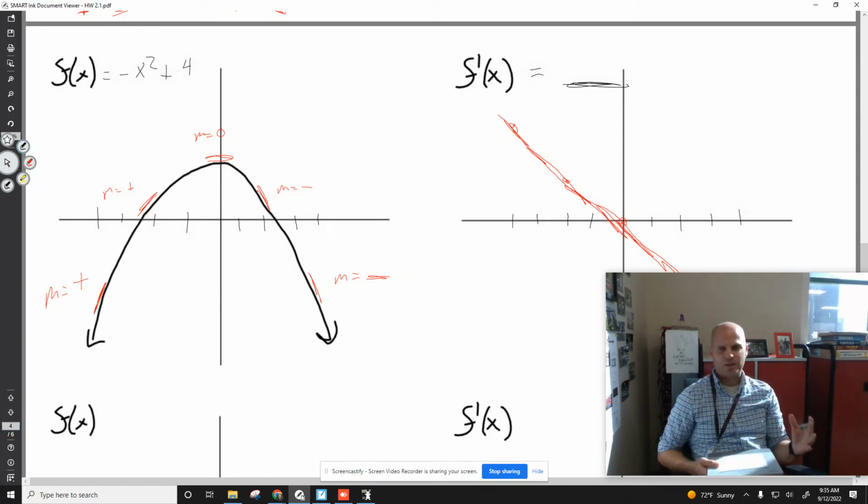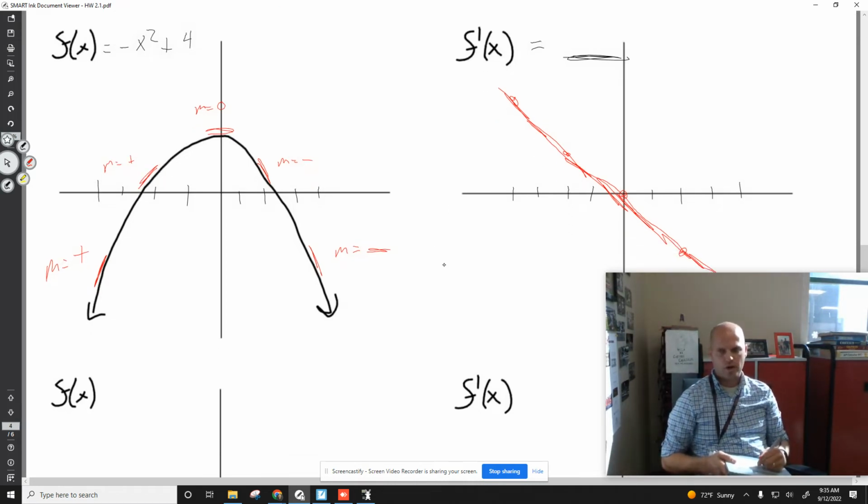It's different than using a limit. It feels like, where did limits go, Mr. Mester? Where did the 3.001 go? Where did the 2.999 go? Don't worry, it'll come back. This seems different, but don't worry, it'll come back.